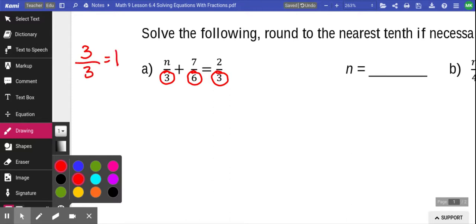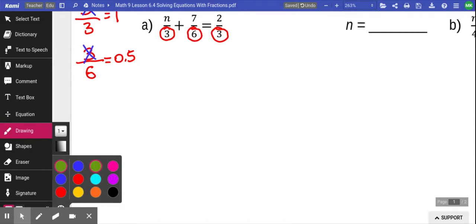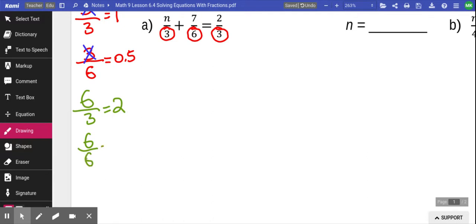But 3 divided by 6 would not equal a whole number. So multiplying everything by 3 wouldn't work. If I tried multiplying everything by 6, 6 divided by 3 would be 2. 6 divided by 6 would be 1.